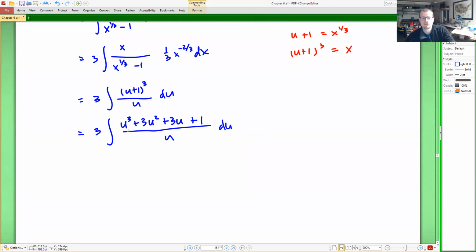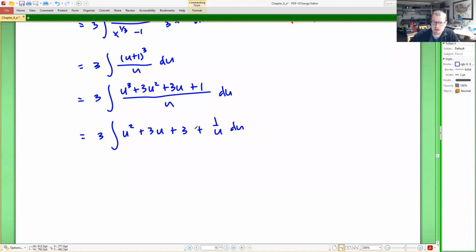Since this is all just over u, I can take each of these over u. So I could split this numerator up so that I have 4 fractions. I'm not going to do that. I'm going to perform the simplification right away. So this is 3 times the integral of u squared plus 3u plus 3 plus 1 over u du.